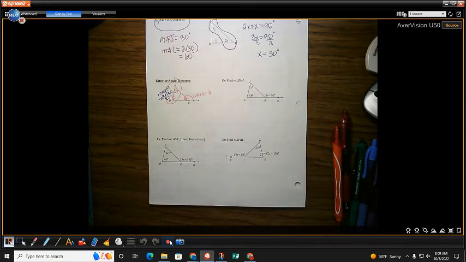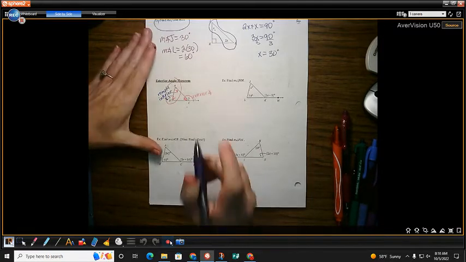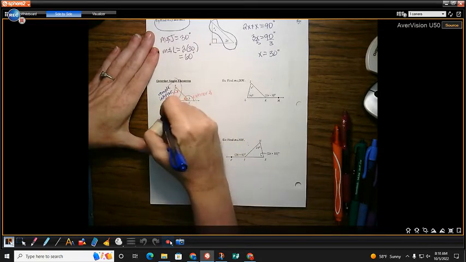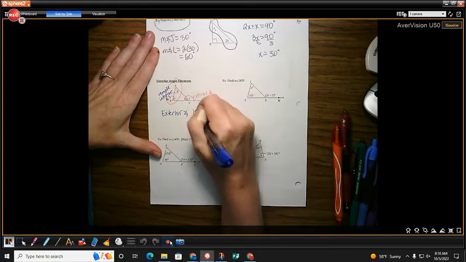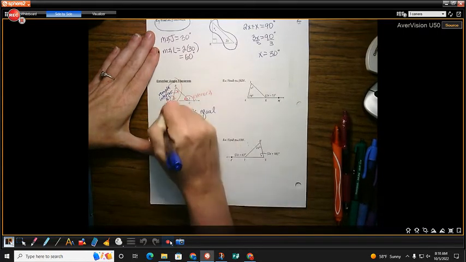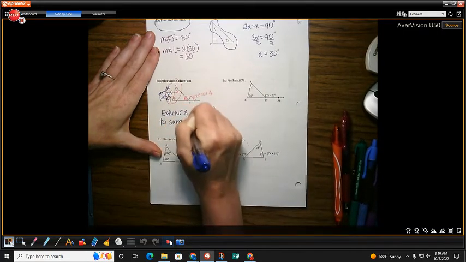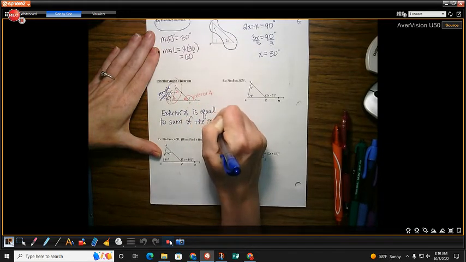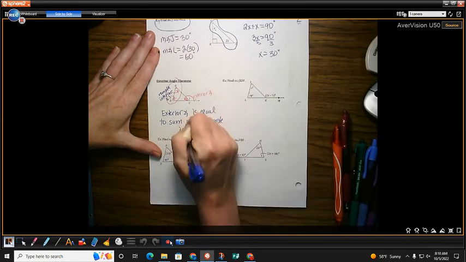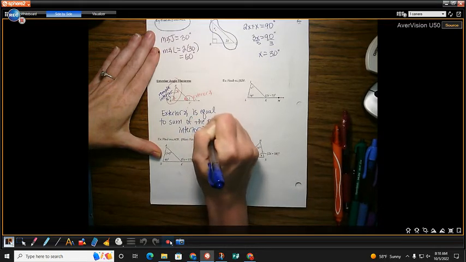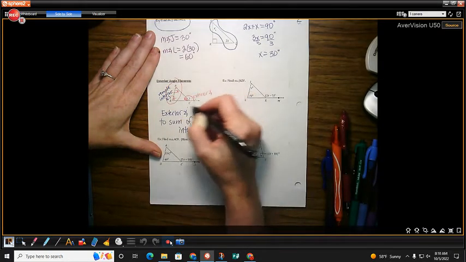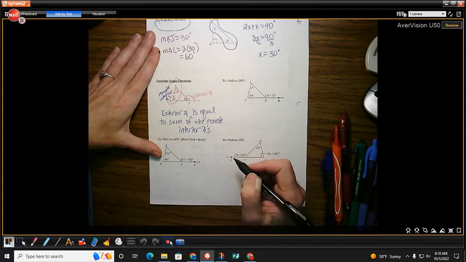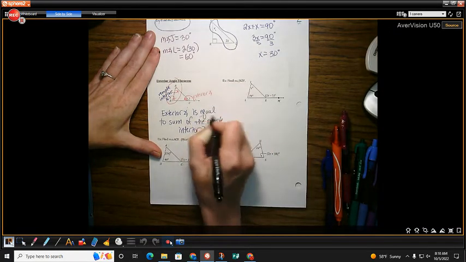Okay? So, the fun part is now that the exterior angle is equal to the sum of the remote interior angles. So in this picture here, this has equal in it.